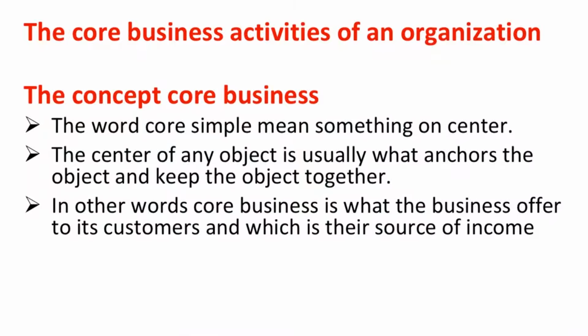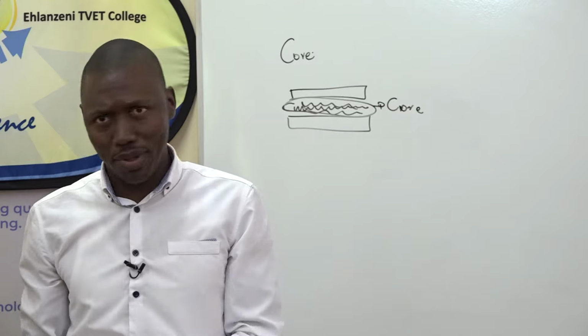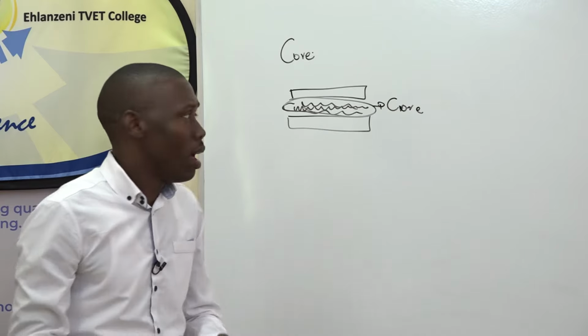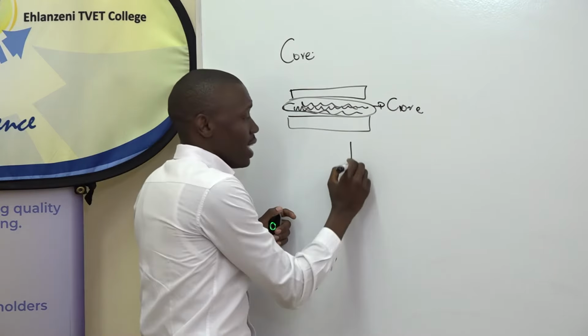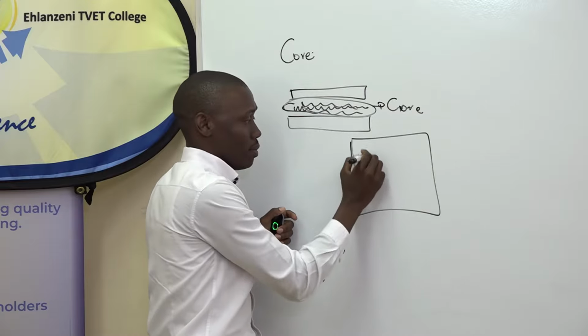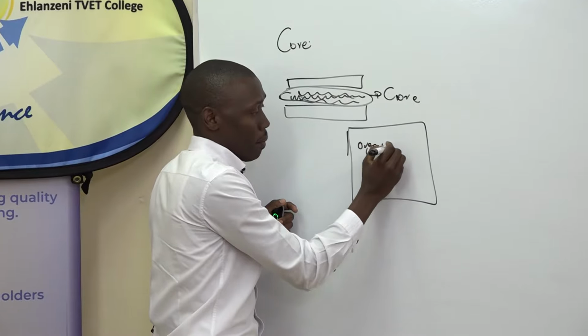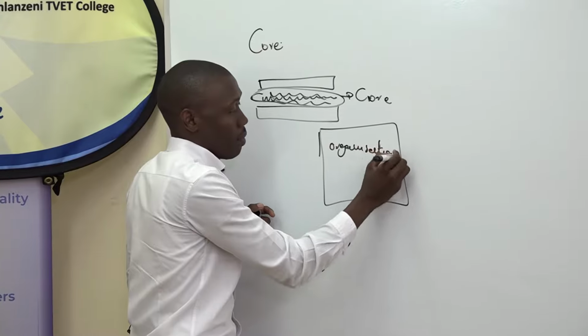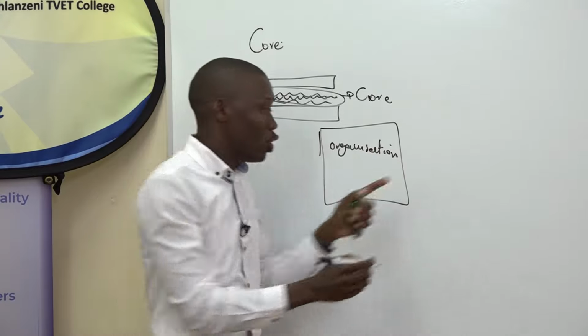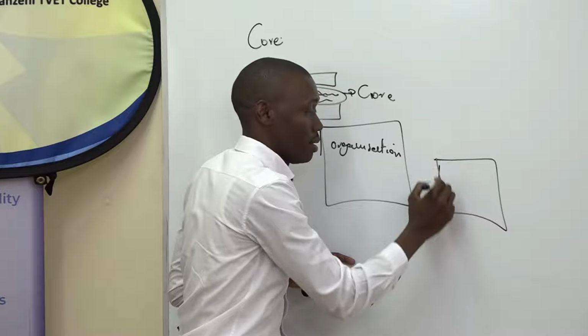Now, in other words, the core business is what the business offers to its customers, and which is the source of income for the business. As an organization, what do you provide to your customers?